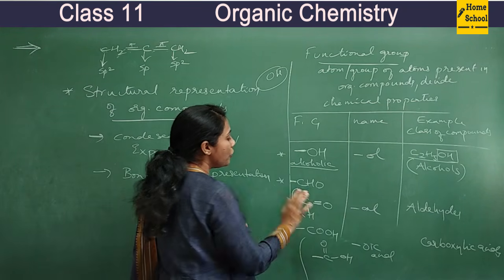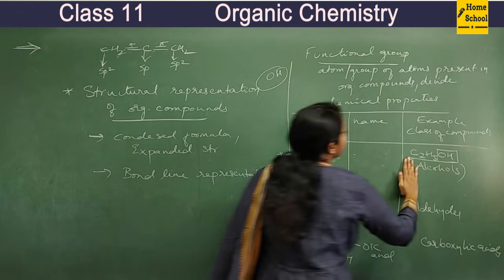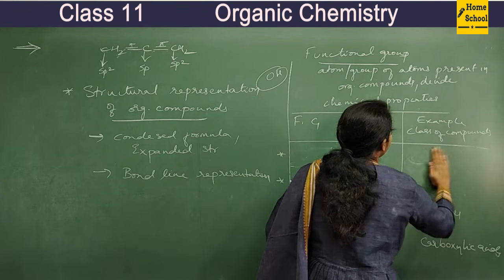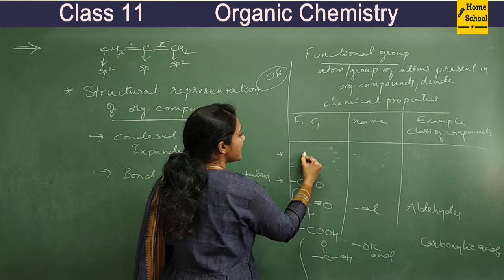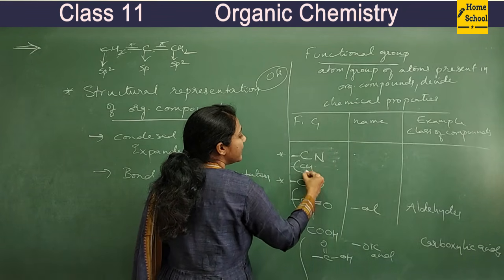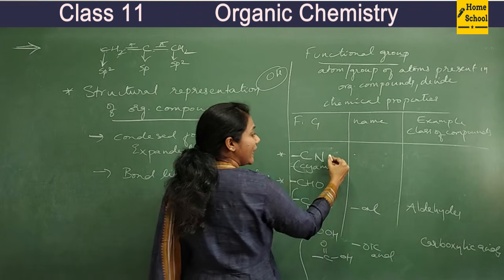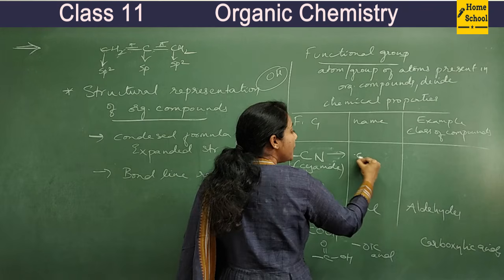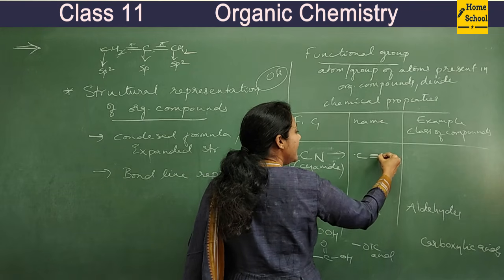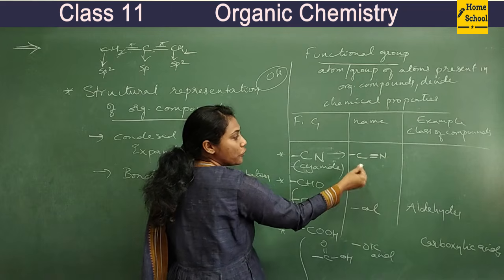These are the three important groups, and the next group that I would like to mention here is the CN group. This group is called the cyanide group, and if we have to expand this, we will expand this as C triple bond N. Carbon should have 4 bonds.